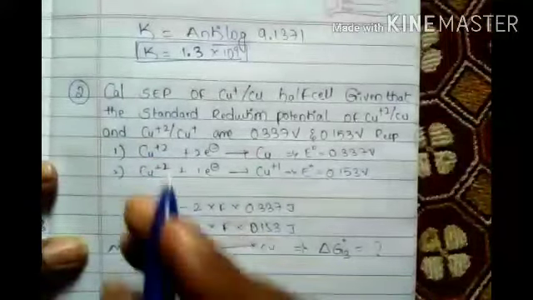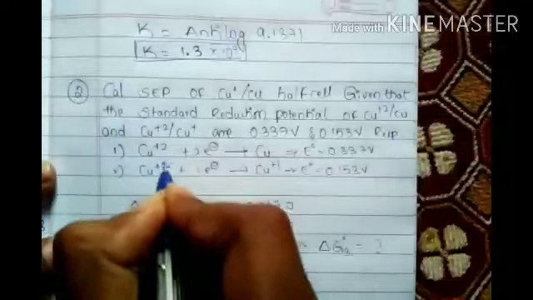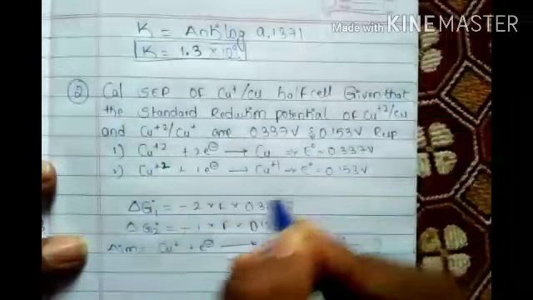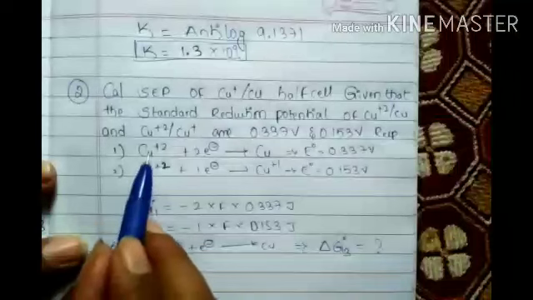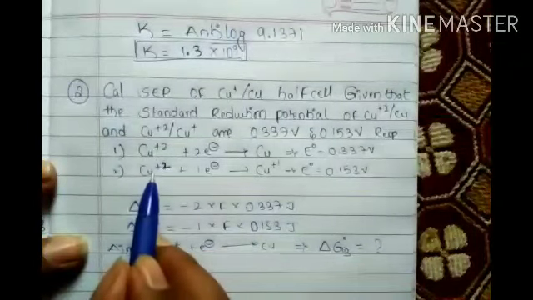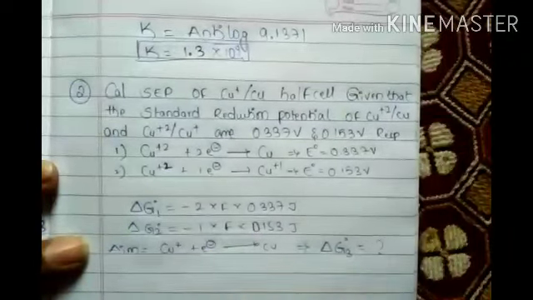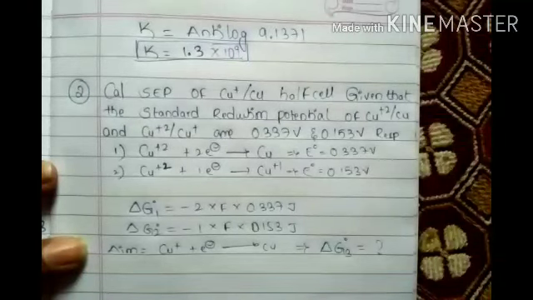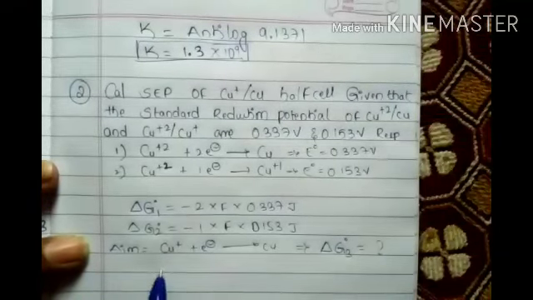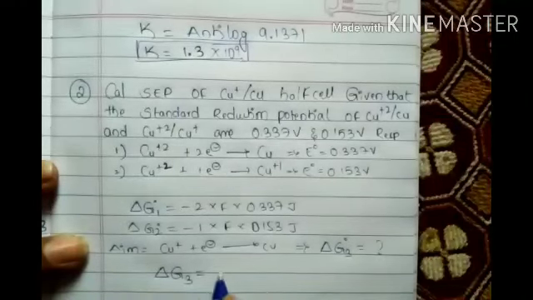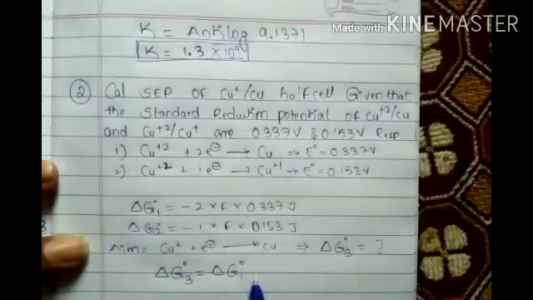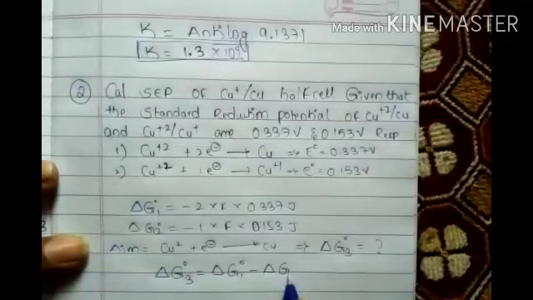See, this is Cu2+, 2 electrons gaining and 1 electron gaining. Now our aim is Cu+ onwards, 1 electron. Okay, G3 we want. So simply do delta G3 equals delta G1 minus delta G2.